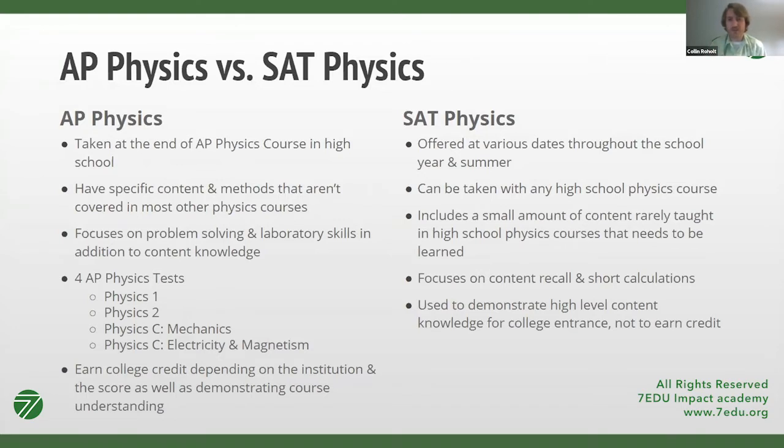Typically, it would be either devoted towards just doing Physics 1, Physics 2 would typically be like a second year course. And then there's also Physics C, which of course is calculus based, which could be a 1-year course or a 2-year course, depending. Versus SAT Physics, you could take with any high school physics, really.